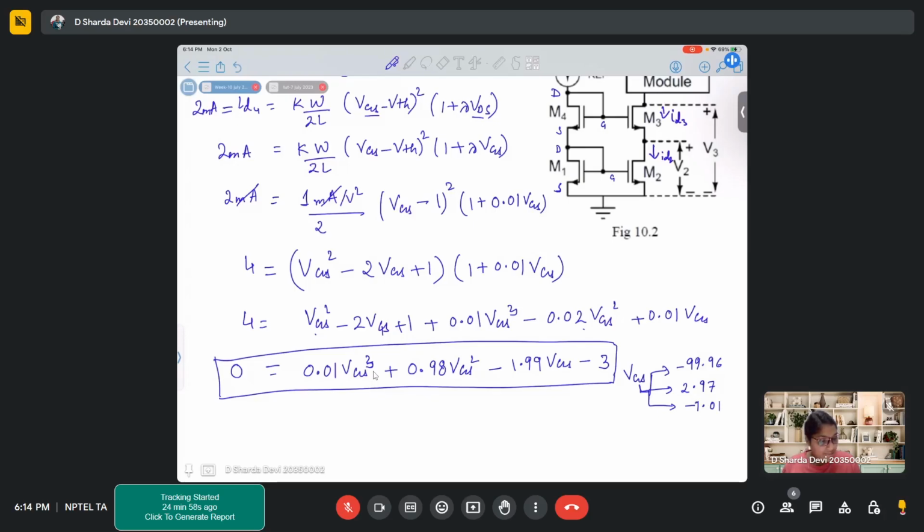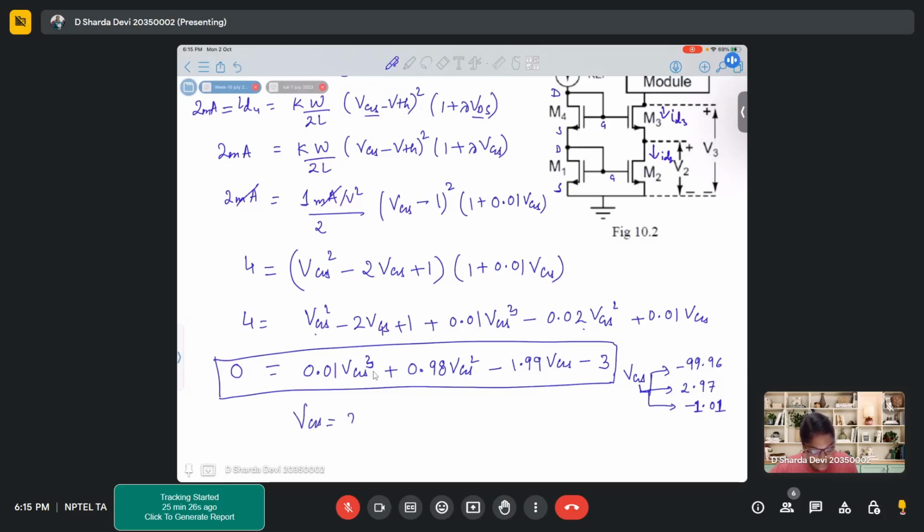Okay, so the values that I'm getting for VGS after solving this equation are minus 99.96, 2.97, and minus 1.01. So out of these 3 values, what is the actual value of VGS? 2.97, right?